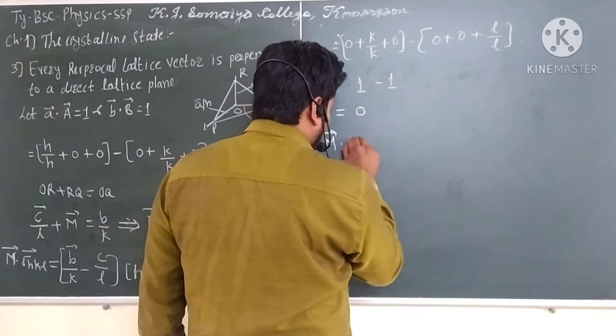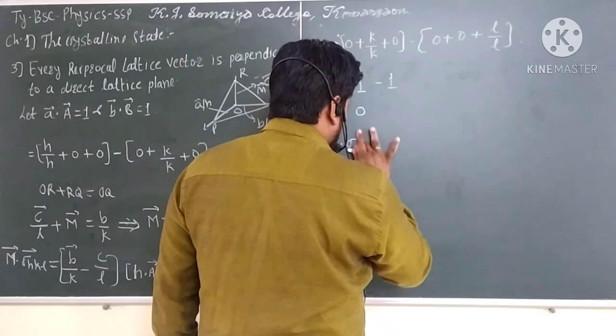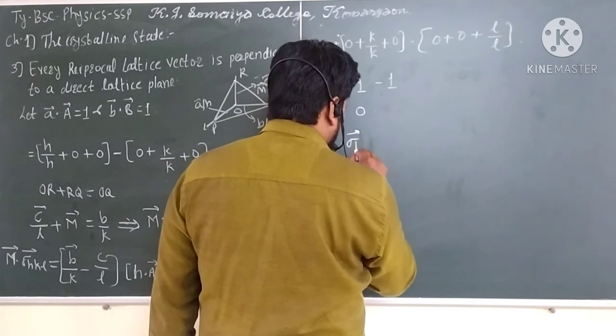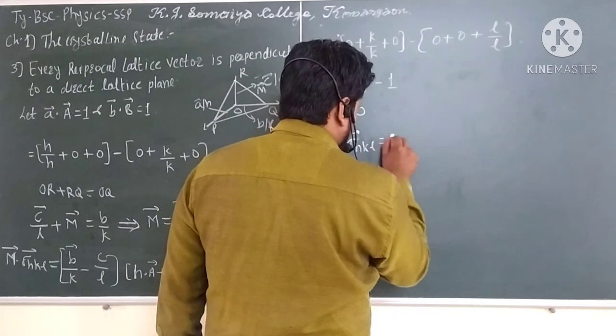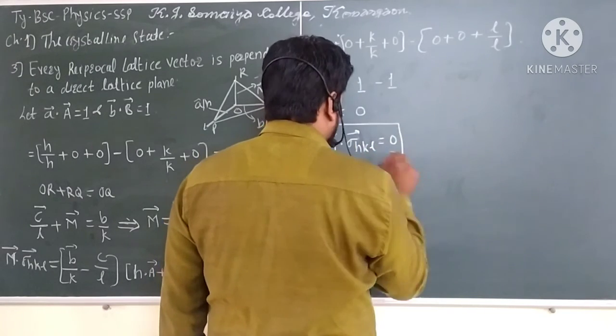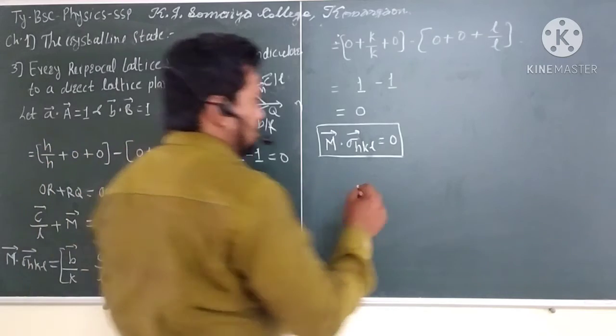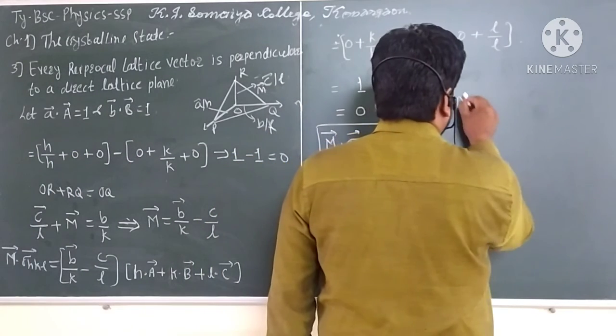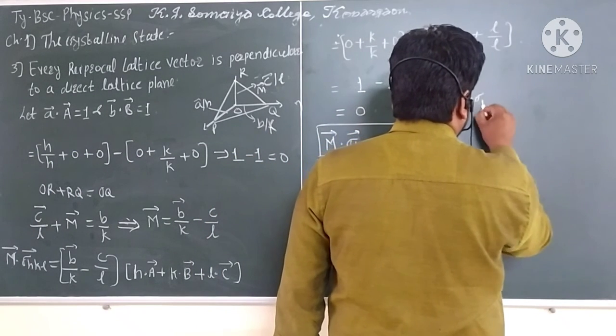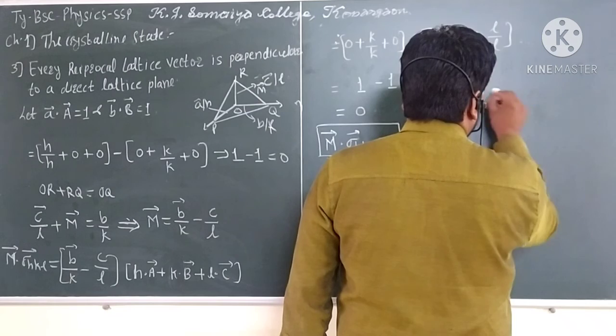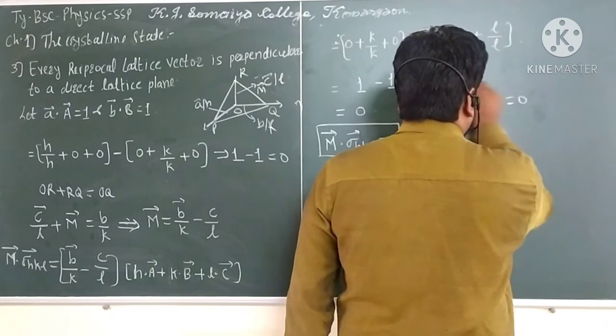So the scalar product of M bar and sigma HKL is also 0, and the last result, N bar dot sigma HKL, is also 0.